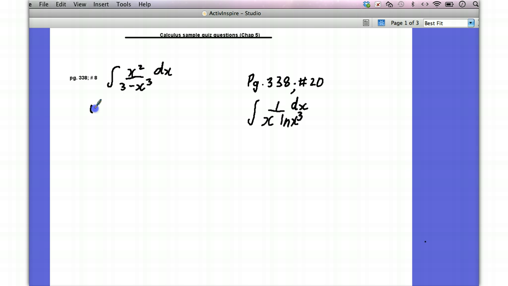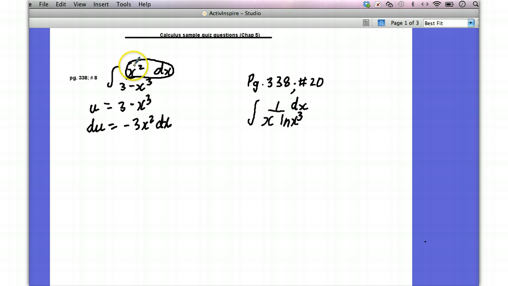You say u then is equal to 3 minus x cubed, so that du would be equal to negative 3x squared dx. Now bear in mind, we have to substitute for everything in x in terms of u.